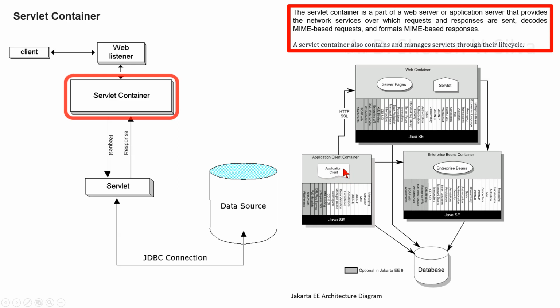The application client is inside the application client container, and we can see the services here: messaging, activation, mail, JSON-P, JSON-B, annotations, persistence, bean validation, managed beans, interceptors, CDI and DI, and you can see the optional services in Jakarta EE: XML binding, enterprise WS, XML web service, WS metadata, SOAP with attachment, and you can see Java SE below.